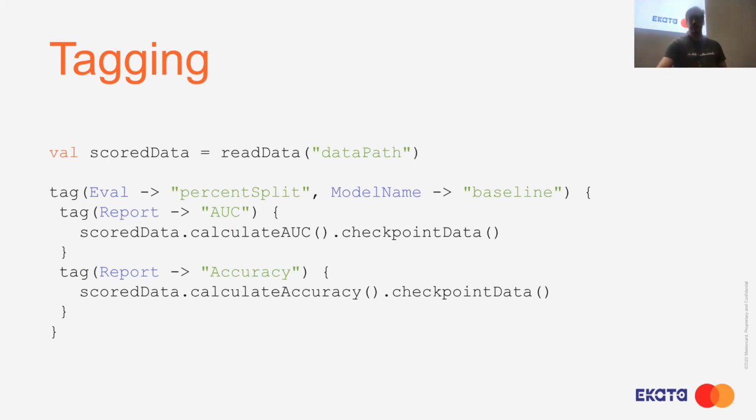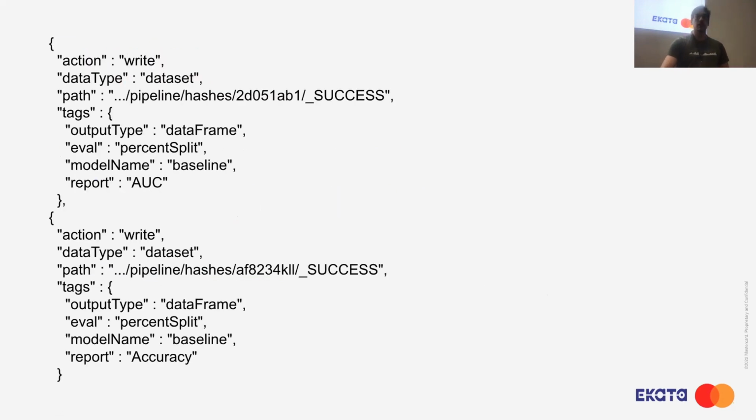The output for this is a descriptor file, which looks like this. So we can see that the action is write, the data type is a dataset, and the path is under this specific hash. And here we see the tags: the output type is data frame, the eval is percent split, the model name is baseline.